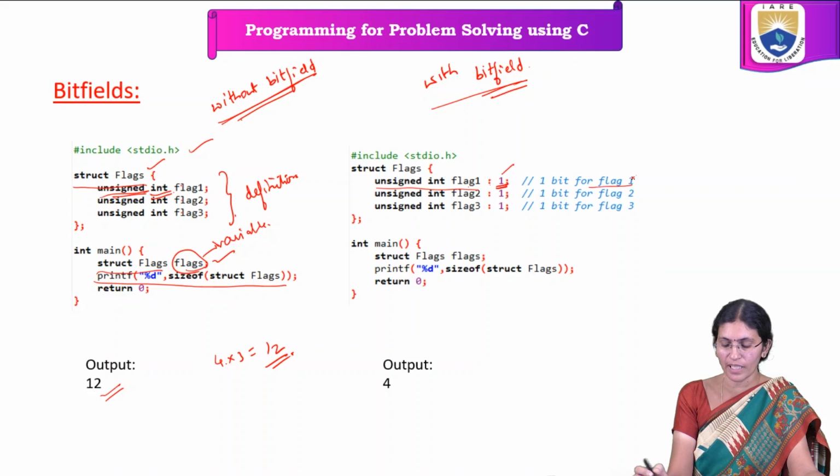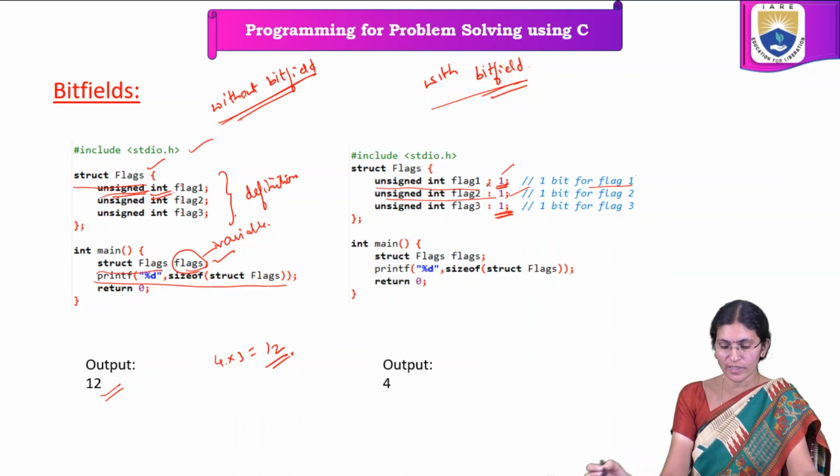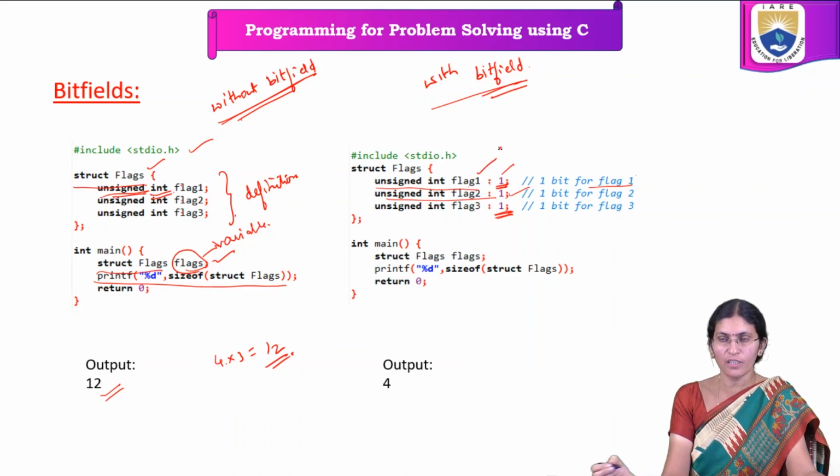So 1 bit for flag1. Then unsigned int flag2, where we have also specified the width of the bit field as 1. With this, the programmer already knows that this particular member will not have a value which will occupy more than 1 bit. That is what this means.